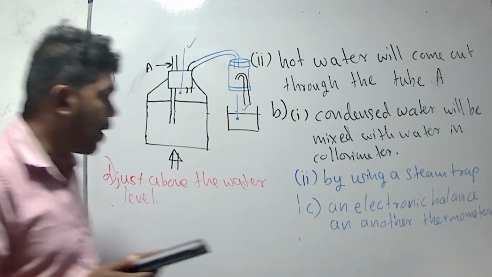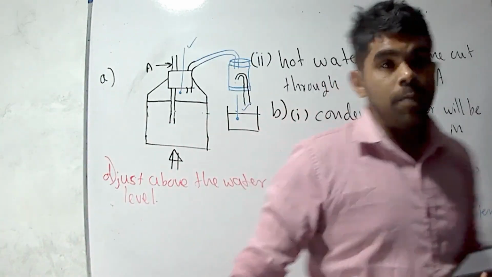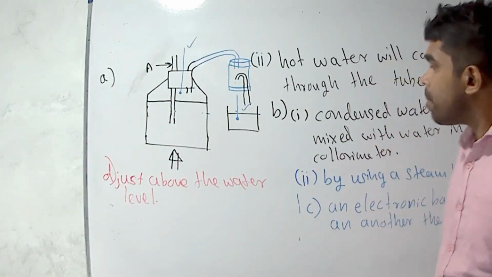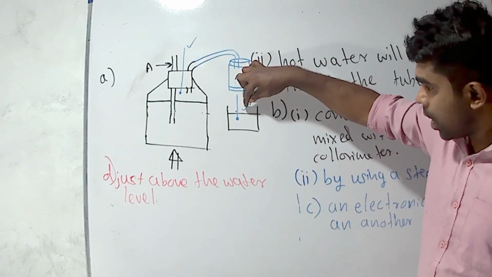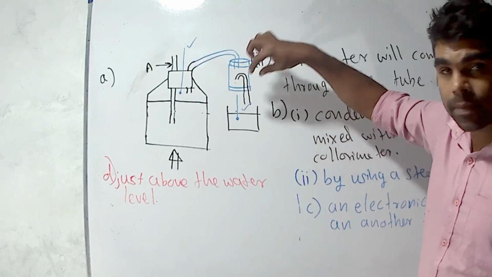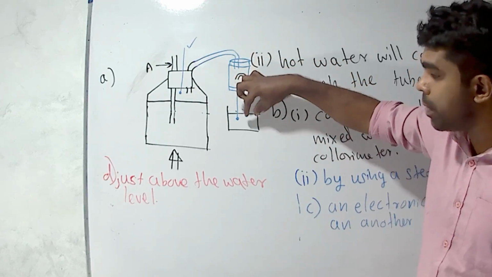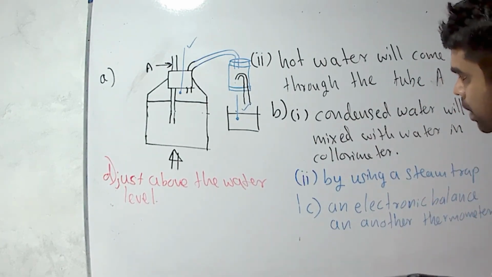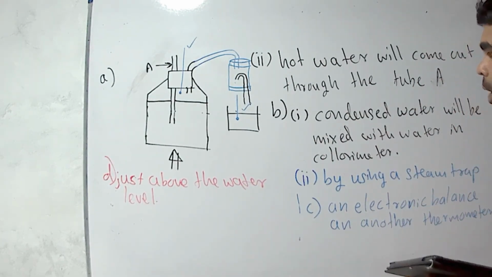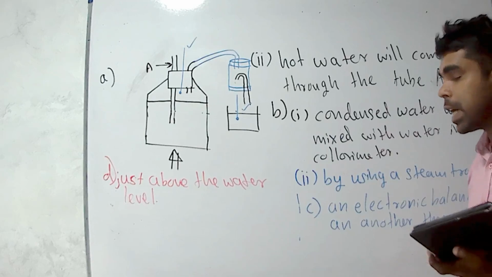Because if we are trying to mix vapor and the end of the tube is not just above the water level, if it is touching the water level, the vapor will not mix correctly.